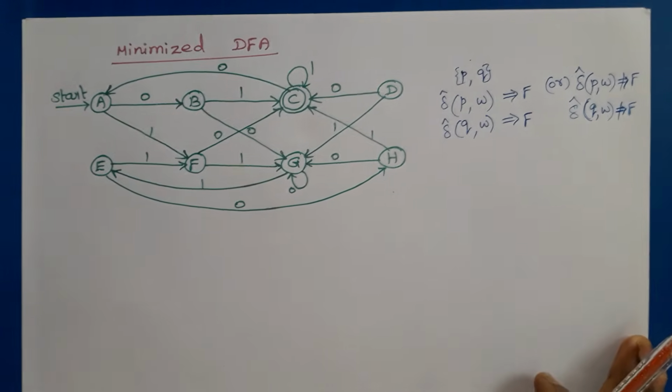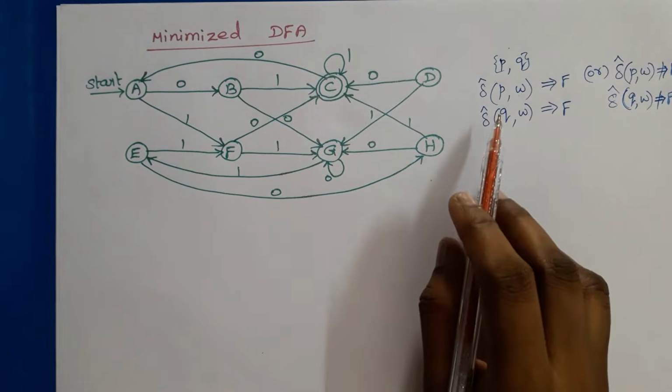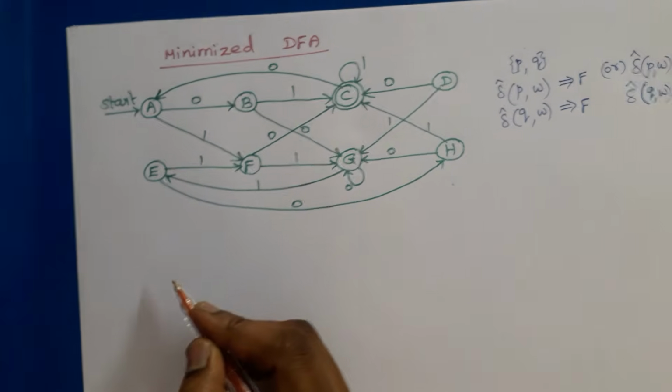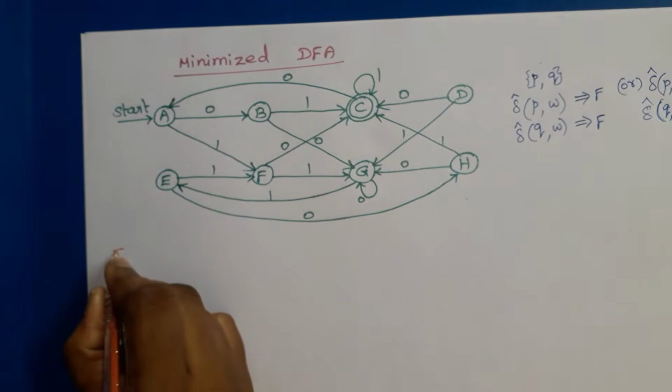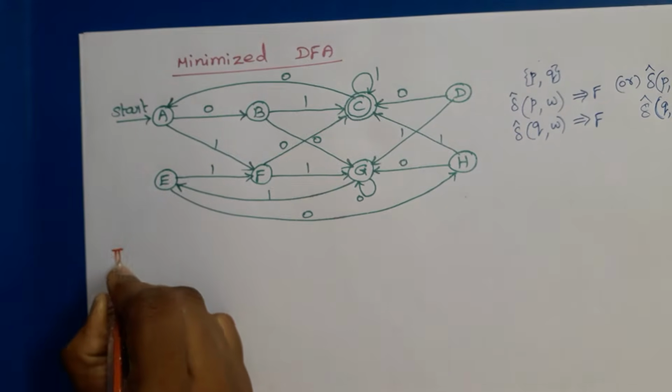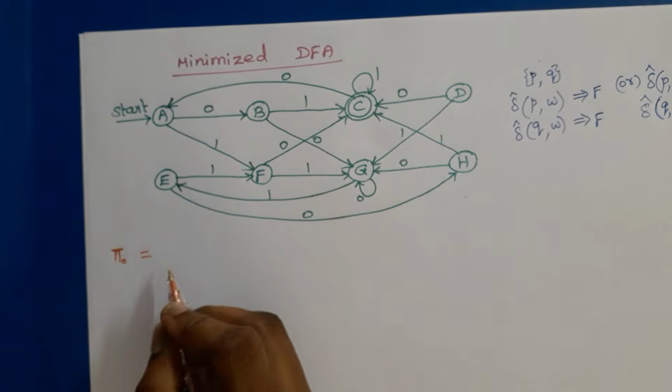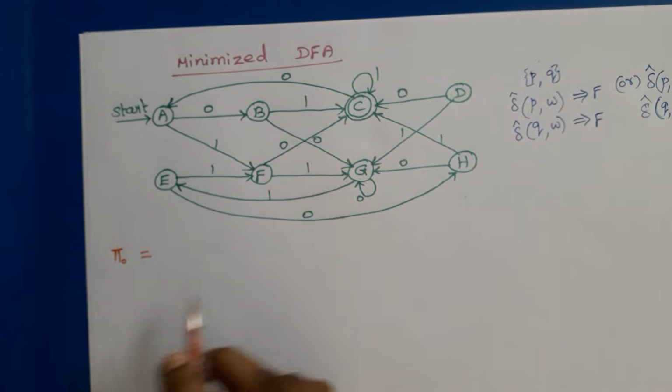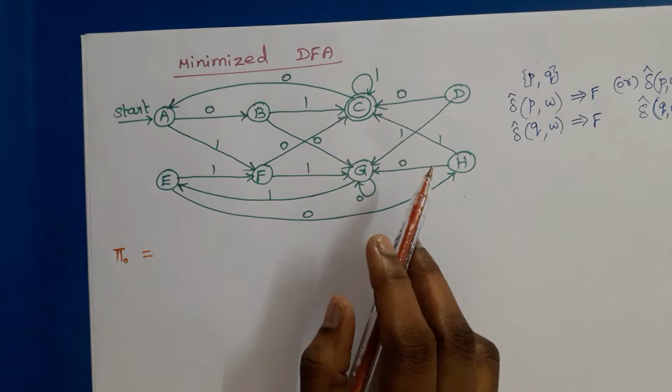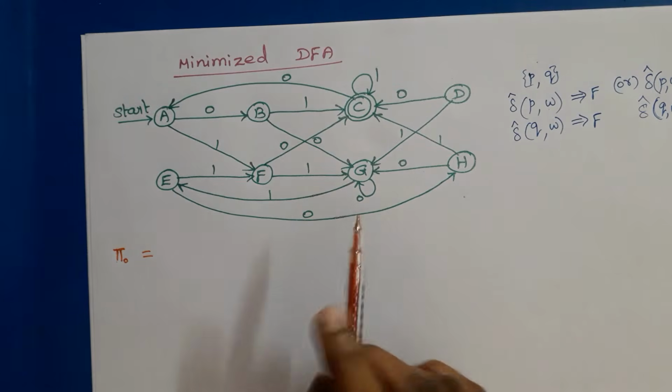So to check the equivalent states, first we have to consider the group π0. π0 is equal to, first we group all the final states and all the non-final states into groups.